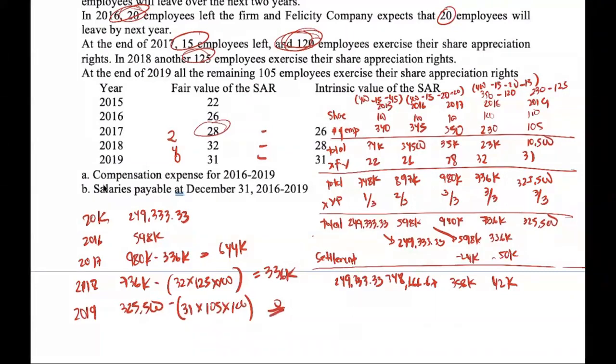So our salaries expense, we have already computed it, 249,333, 348,166.67. And from your 980,000 less 598, we have 382 less 24,000, we have 358,000. So from 358,000, from 736,000, we deduct 336,000, which has been paid.